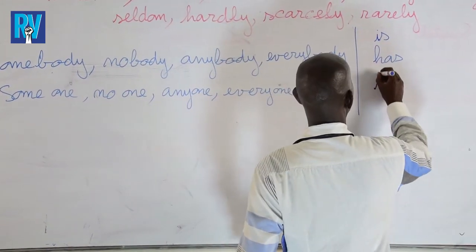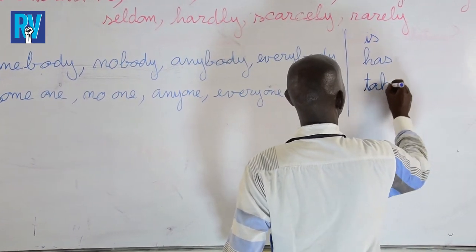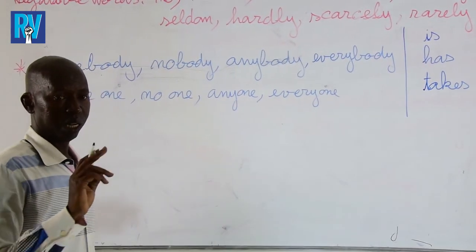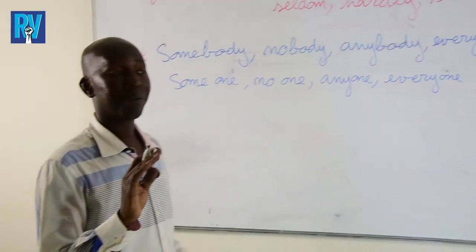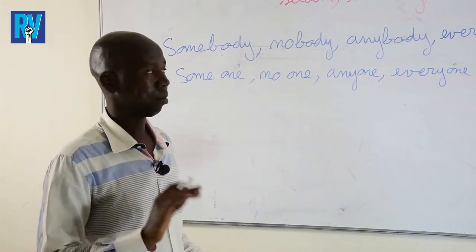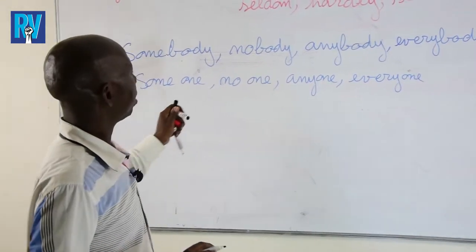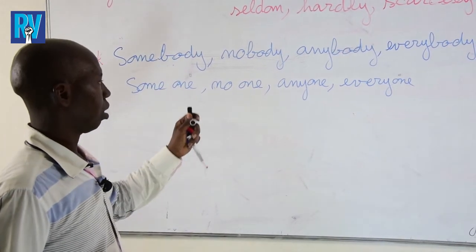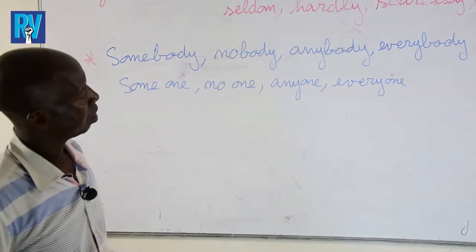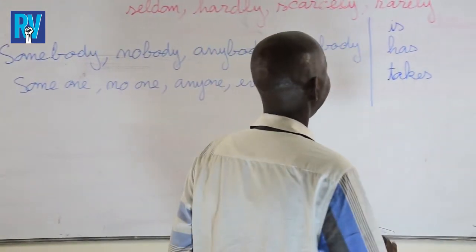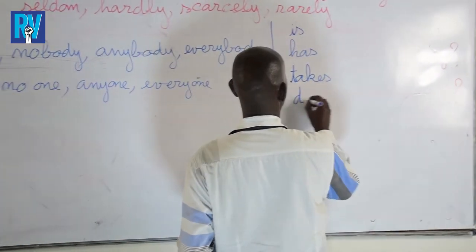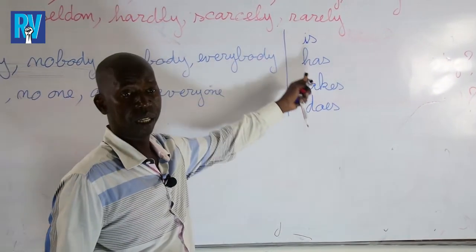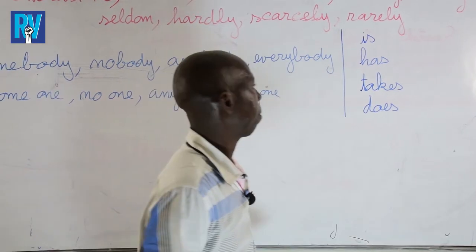Avec un verbe simple, le verbe takes, troisième personne. On les conjugue à la troisième personne du singulier. Does. Third person, troisième personne ici.